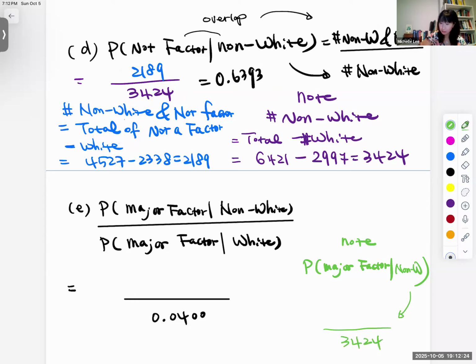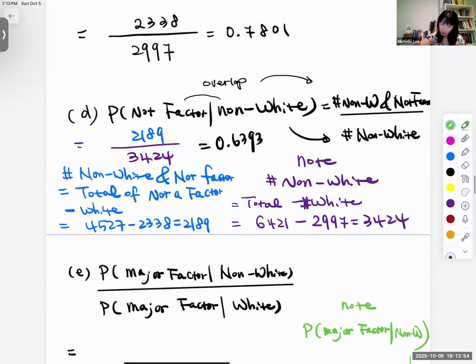Okay. How about the major factor overlap? It's different from the D, right? D earlier was not a major factor, right? But this is major factor, non-white. So same concept, same process, but pick the different column, right? Major factor in that case.